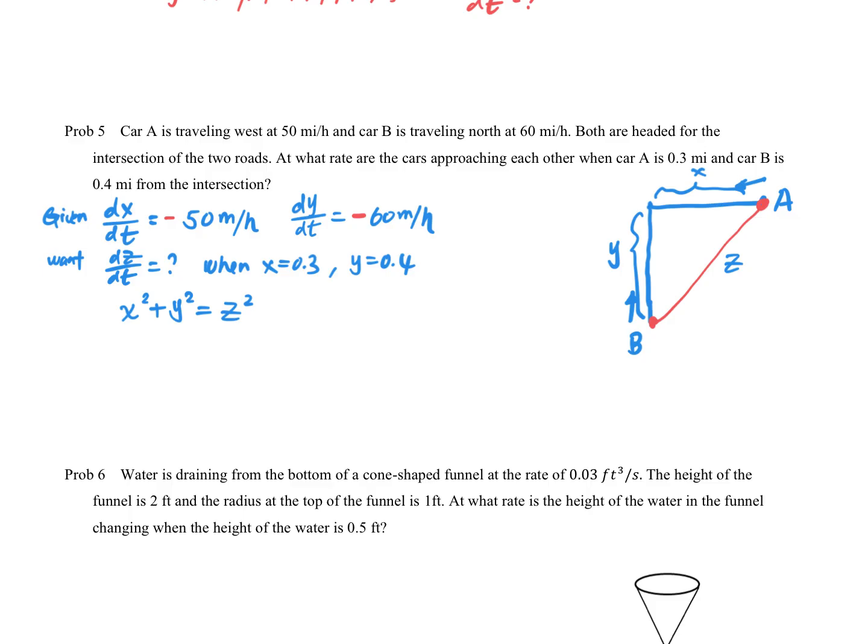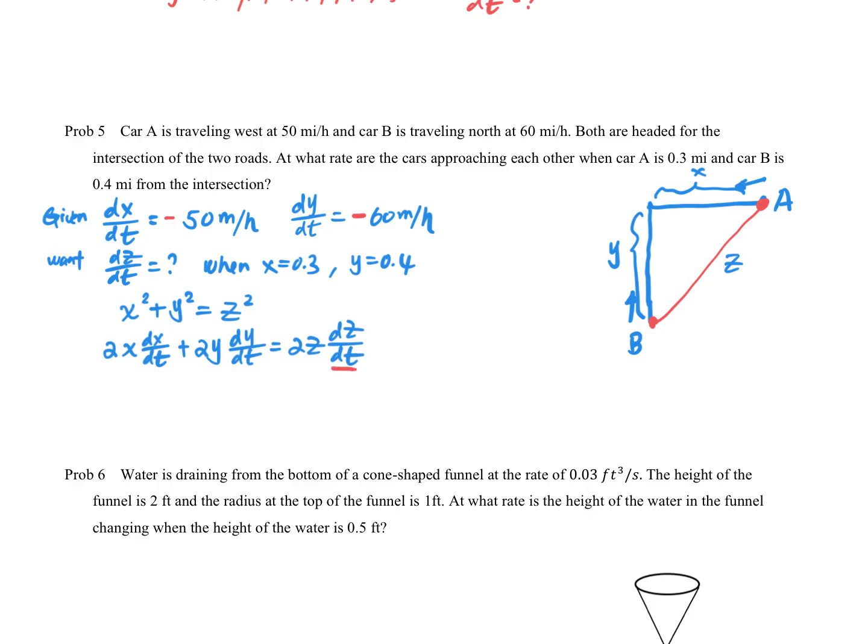And after that, let's differentiate both sides with respect to t using the chain rule. 2x times dx/dt. So give it a try. You can pause the video any moment and give it a try first. 2y times dy/dt equals 2z times dz/dt. And that's what we want to find.